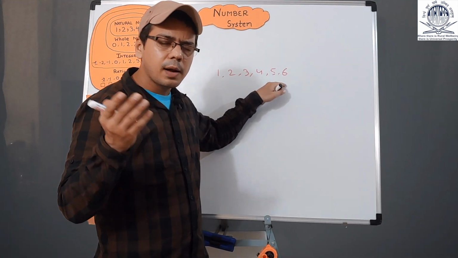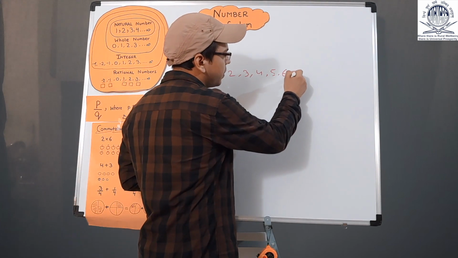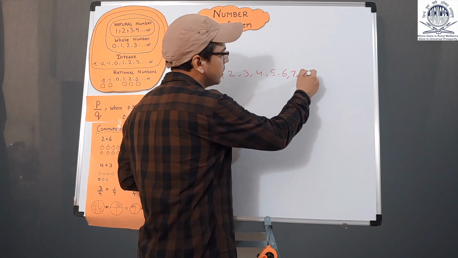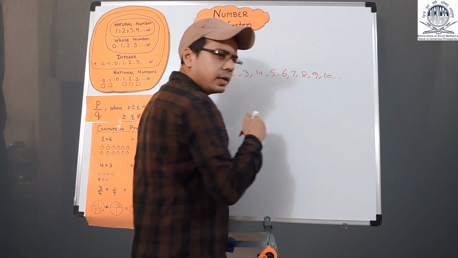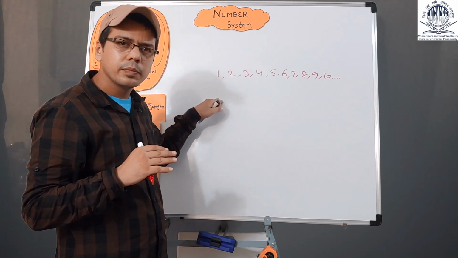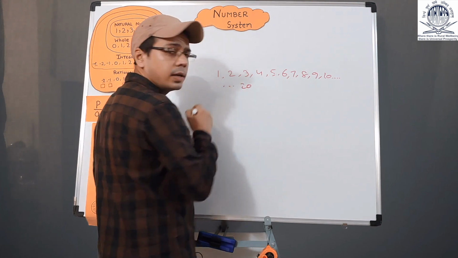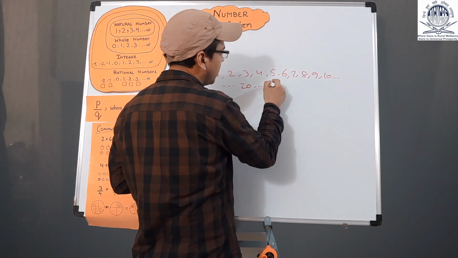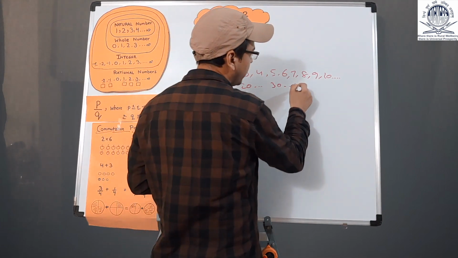But yes, I'm probably hearing that somebody is saying we got 7 and yes, 8 and 9 and 10. But then it can keep going on, right? And it can keep going on till which number? Oh yes, okay. So somebody is saying it can keep going on till 20. And then till, let's say, 30, and obviously yes, 100.